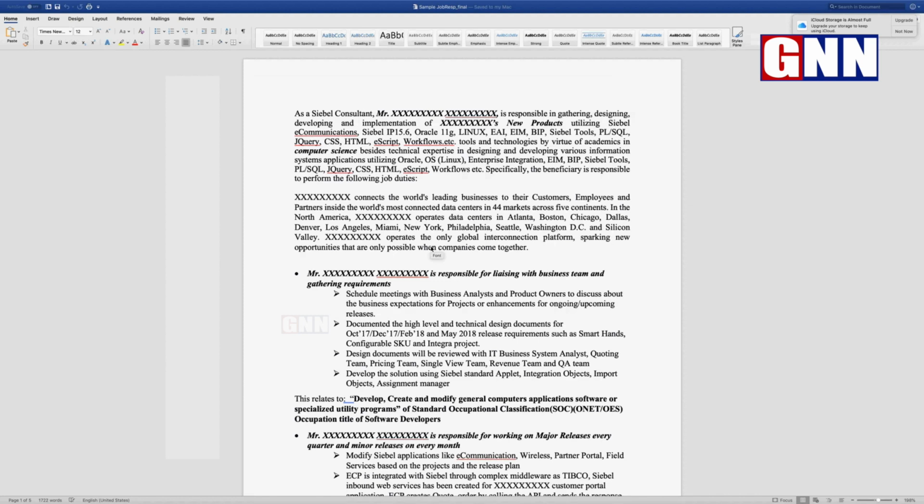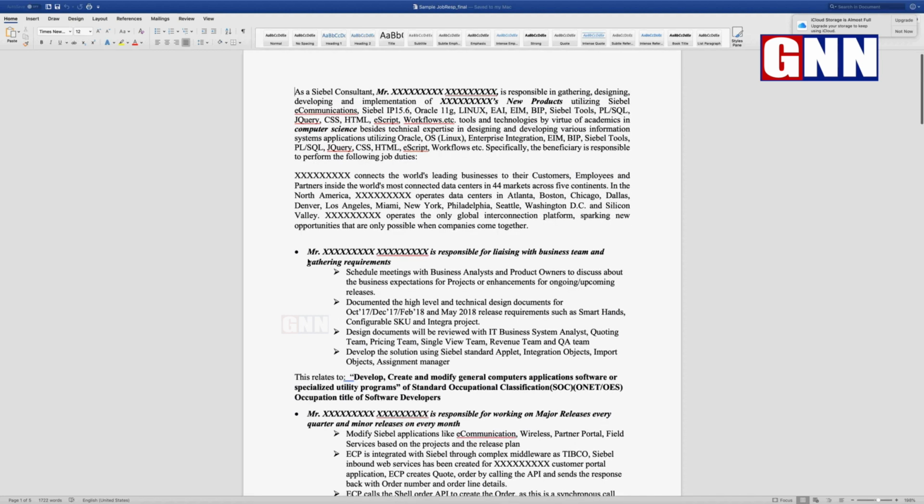So we have been using this sample for quite some time now, and ever since we started writing job duties in this way, we have not been receiving specialty occupation RFEs, or at least the number of RFEs has gone down drastically. So assume that in the client letter it says that Mr. Sam is responsible for liaising with a business team and gathering requirements.